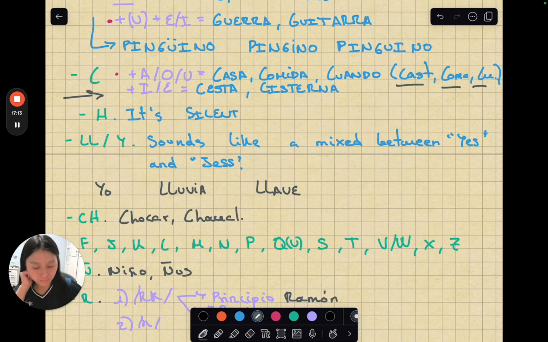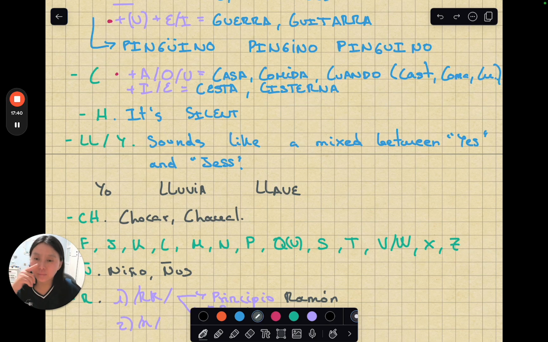K, K, K. And whenever the C is followed by I or E, it's an S sound. Like, for example, cement, that thing that we use to put bricks together. Cement or science, okay? Science.